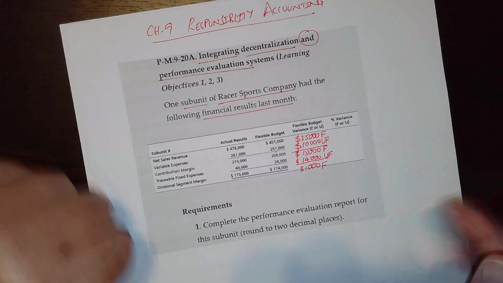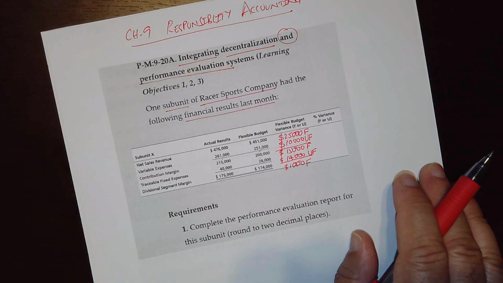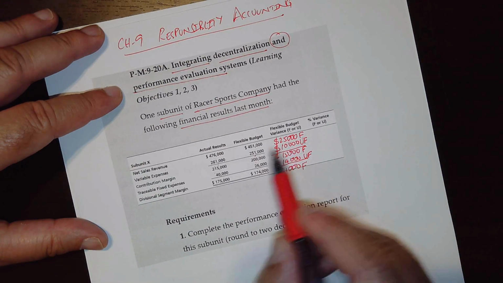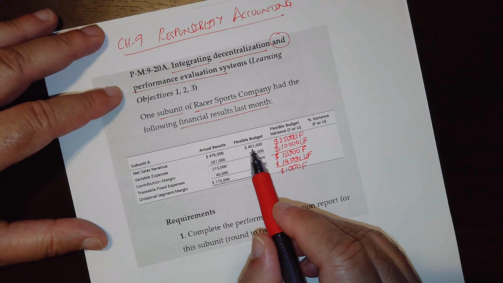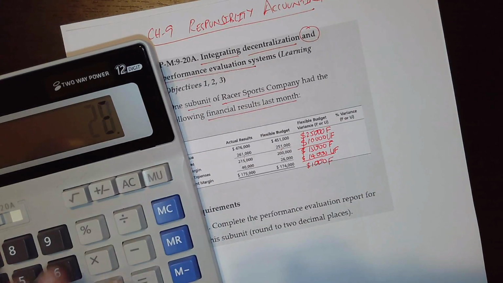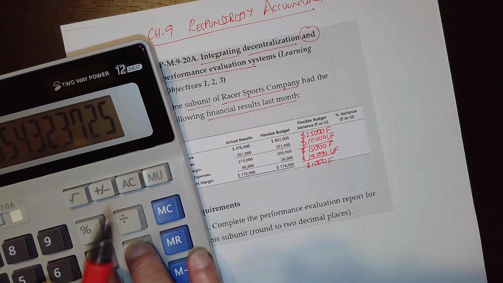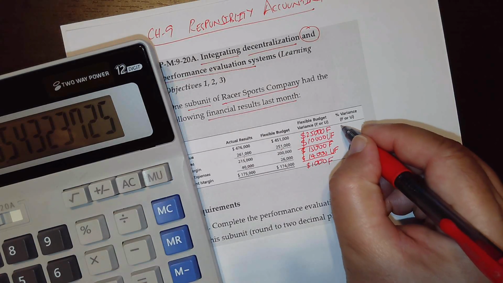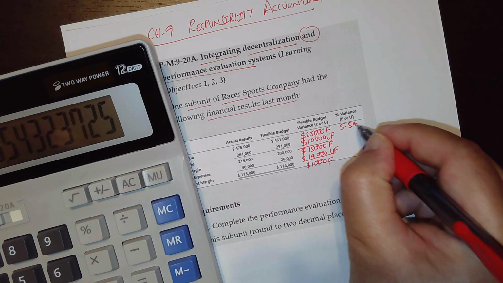So what is the percentage of variance? How much change in the percentage? We have a $25,000 change over 451,000. If I take 25,000 and divide by 451,000, I get 0.05, and multiplying by 100, that means we have an increase of 5.54%.